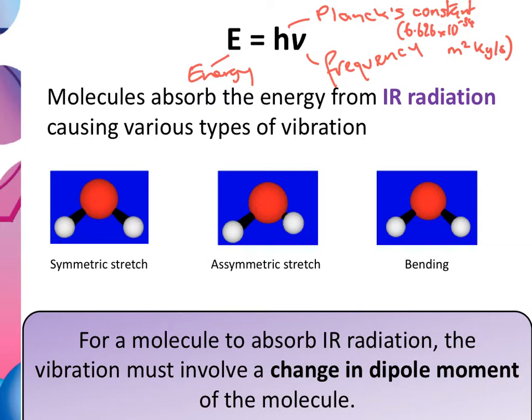All right, so the key thing is that molecules absorb energy from infrared radiation, and that shouldn't surprise you, because that's what lies behind the greenhouse effect. So when you did your GCSE and you did chemistry of the atmosphere and the greenhouse effect, one of the things that you were looking at was that infrared radiation radiated from the Earth was absorbed by the greenhouse gases, such as methane, carbon dioxide, water.